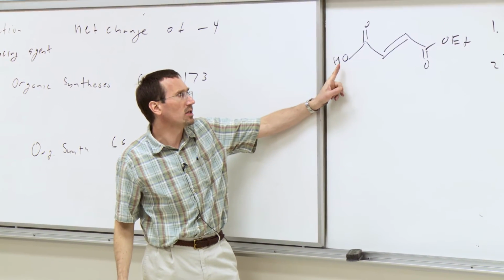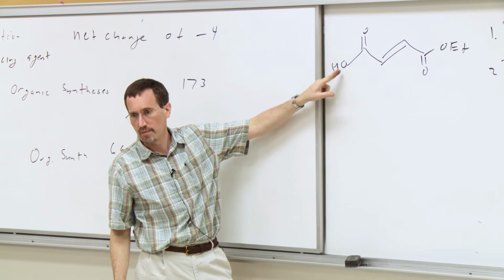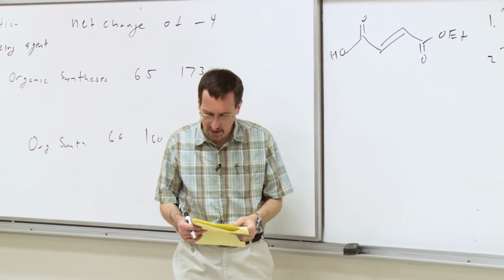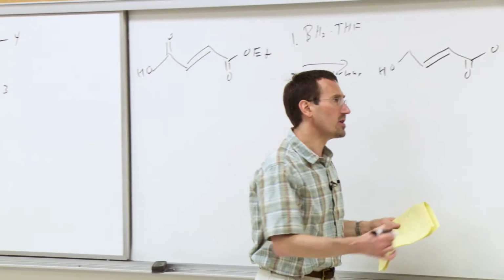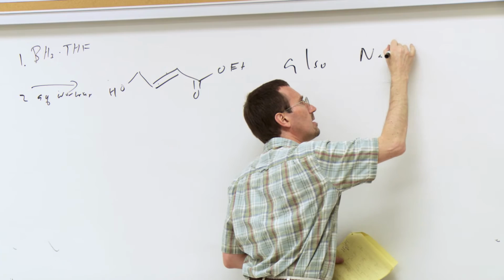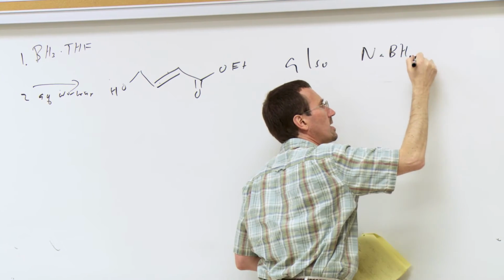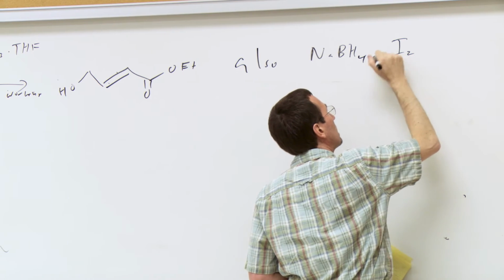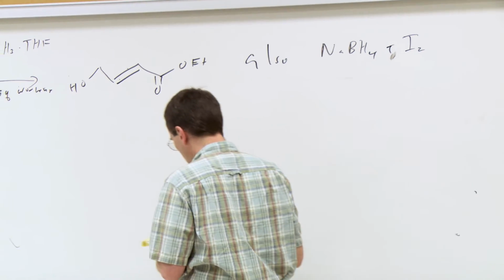You get essentially boron coordinating or forming a borate ester and then transferring hydride intramolecularly. You can also do this with sodium borohydride and iodine as another way of generating borane in situ. I'll say NaBH4 plus I2.